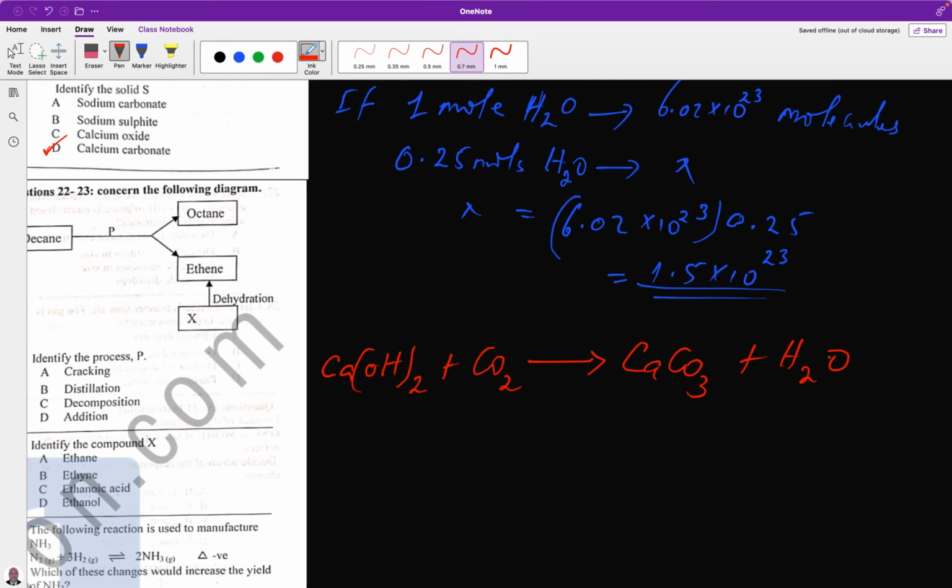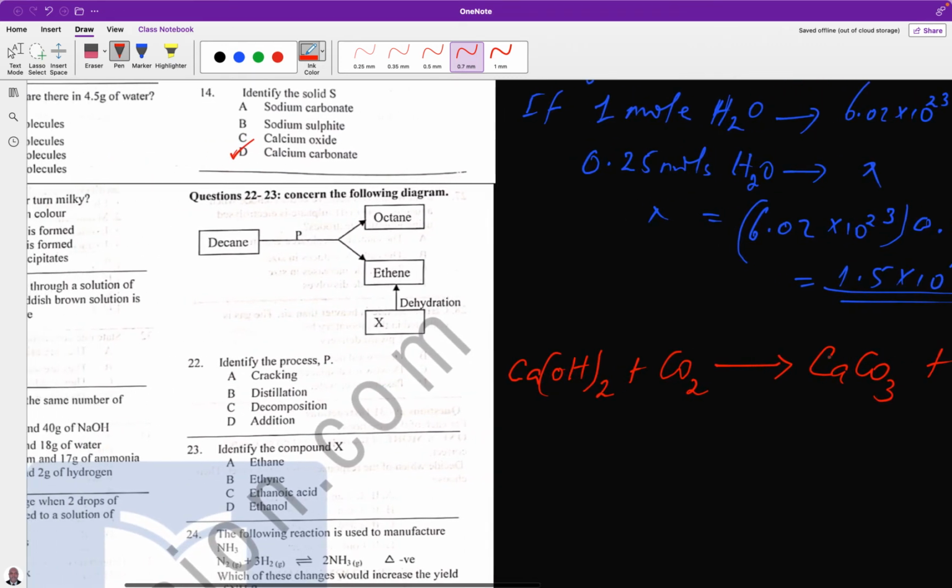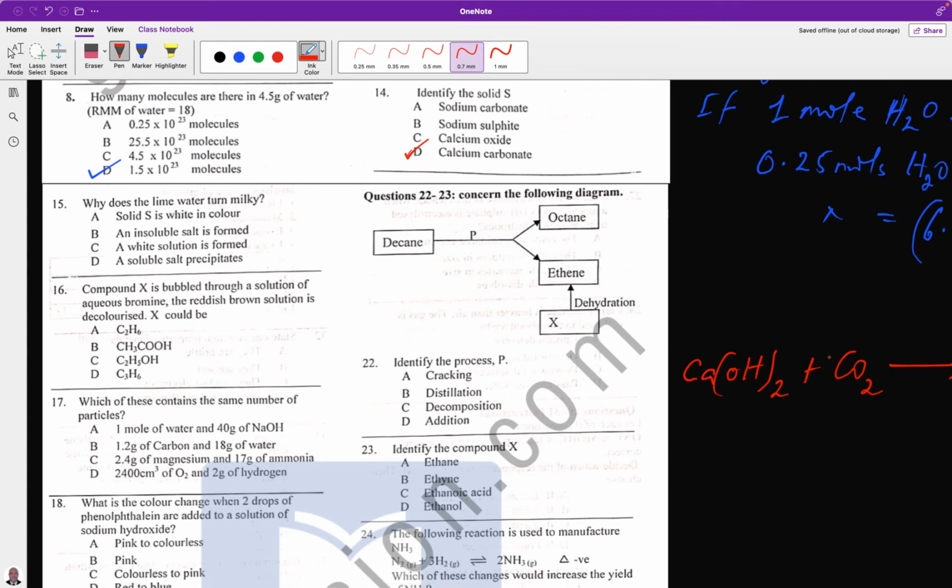So we can now say the answer is B. Why does the lime water turn milky? A. Solid S is white in color. B. An insoluble salt is formed.